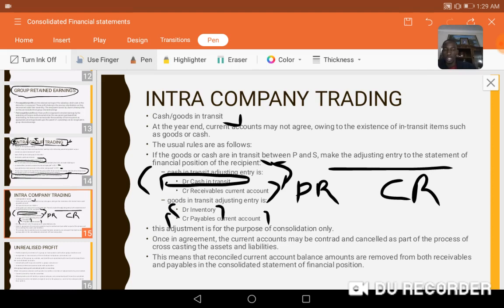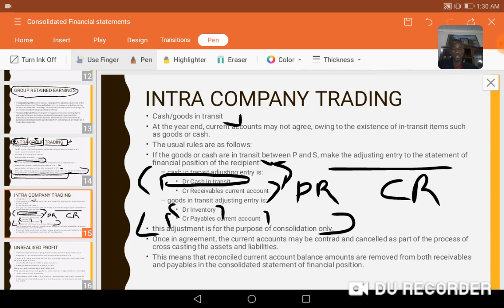So, these adjustments are just made for the purpose of consolidation. Like I was saying, we will do so even if we haven't received the actual cash. It's still on its way, even if we haven't received or captured the inventory. But we do so because it's family trading. We assume that the goods are going to arrive.